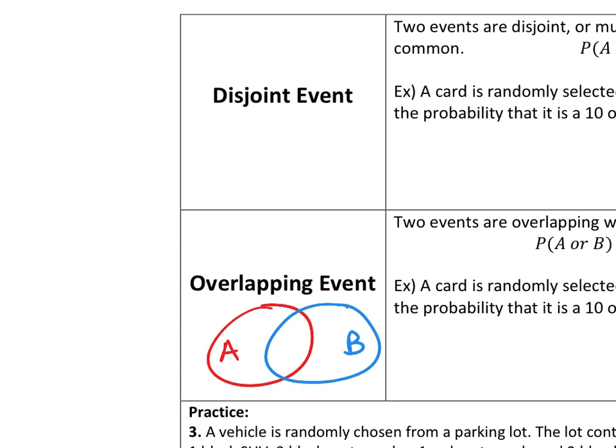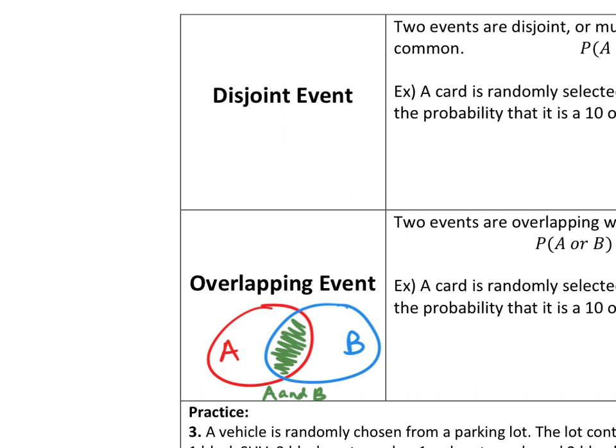They're overlapping. So we have this section where both A and B occur. This section, where I'm going to color it green, we're going to call that A and B. Do we see how these overlapping events have stuff in common? Now we're going to draw a disjoint Venn diagram.